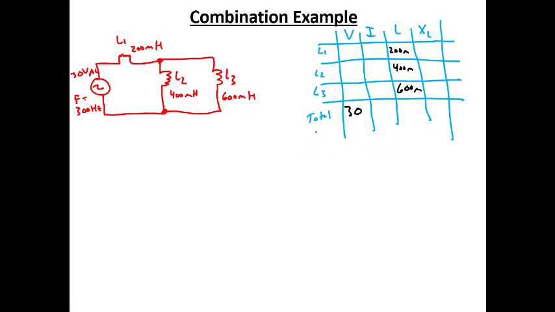Now before we get into the math part, anytime we have a series parallel circuit, we'll start off by circling the things that are in series. These two here are in series. So that means that the total current here is going to be the same as the current through inductor 1.